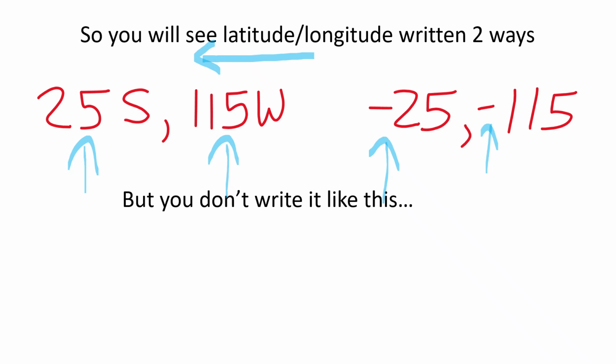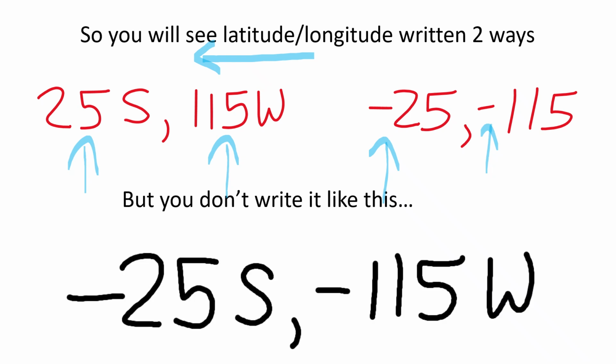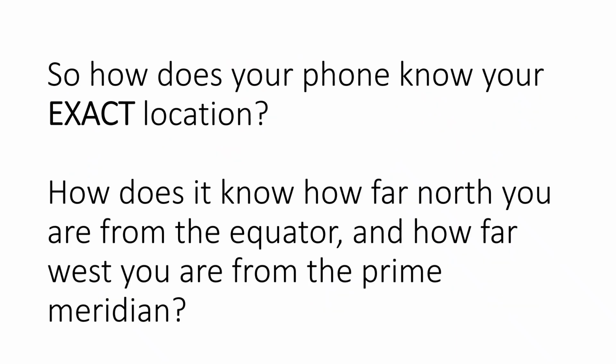But here's how we don't write it. We don't ever do this. Because this is like saying the same thing twice. A negative means, oh, it's south, so I don't have to say south. So you can say south or you can say the negative. You can say negative or you can say west. You don't say both. And we're going to practice writing them both ways because you're going to see them both ways depending upon where you're using it.